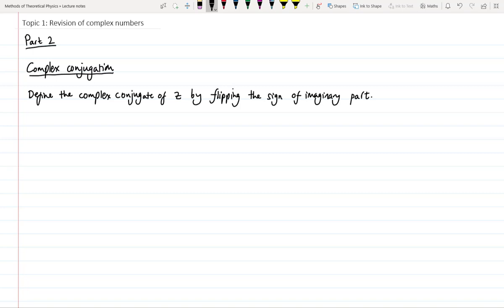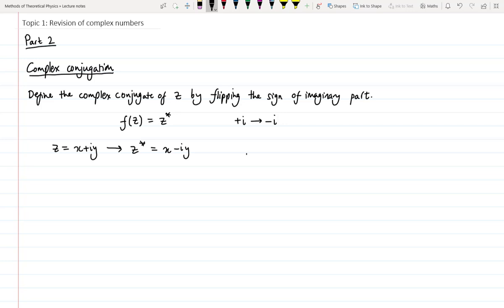We describe complex conjugation by some function f acting on a complex number z, and we denote it using a star. Effectively this means that we replace plus i by minus i. Taking some complex number z, written as x plus iy, its complex conjugate, z star, is given by x minus iy.